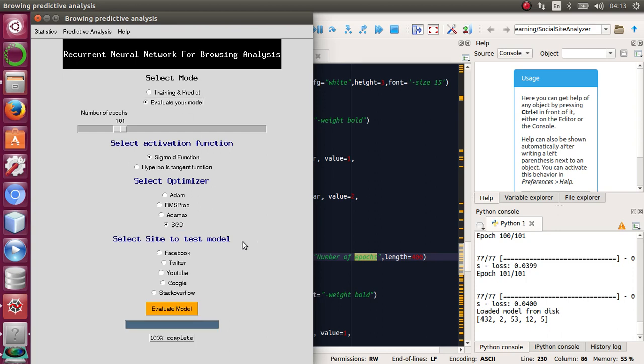Okay. So here we can actually select one of the websites. As you saw earlier, this system is only predicting for these 5 websites, so you can evaluate this model based on only one website at a time.